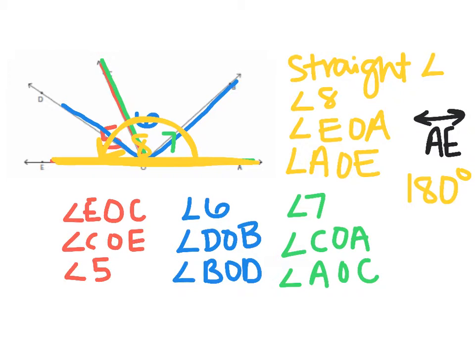Sometimes you want to talk about it being a line, sometimes you want to talk about it being 180 degrees. So straight lines are straight angles, which seems weird, but it could happen. And this straight angle still has a vertex of O. It's in the middle.